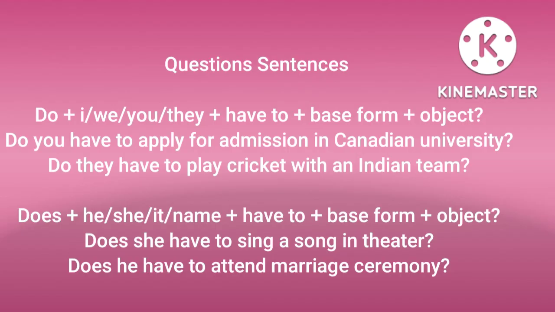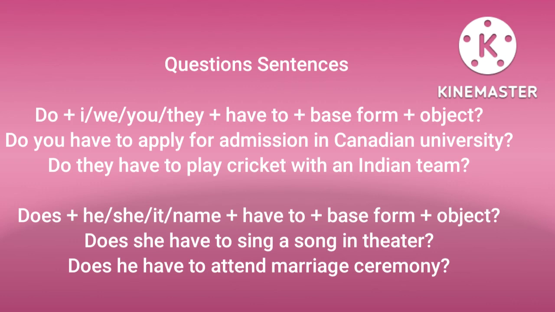Now I'm going to talk about some question sentences. First I'll talk about the structure of the question sentence, then I'll make some sentences. As we already know, while making question sentences, do and does both come at the beginning of the sentence. We already know that do is used with I, we, you, and they.